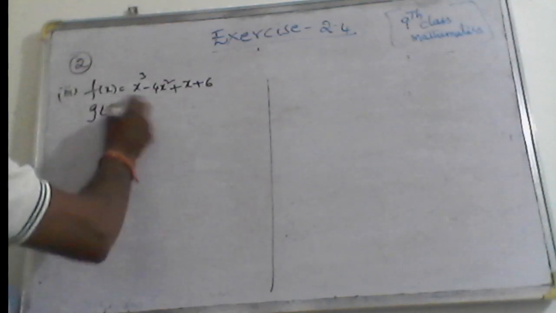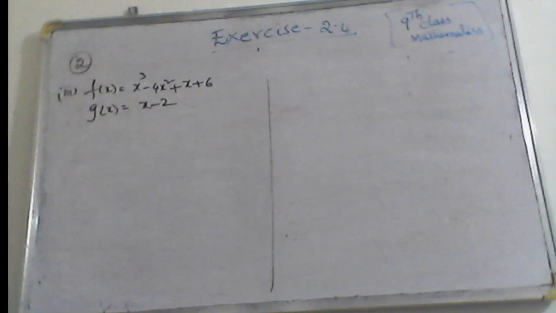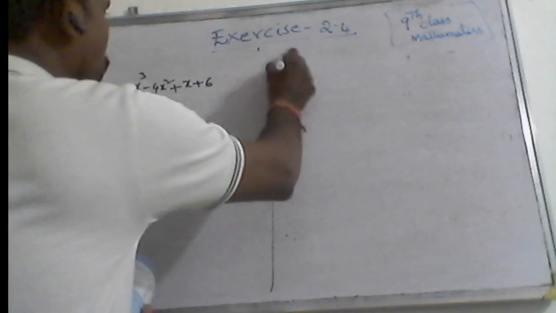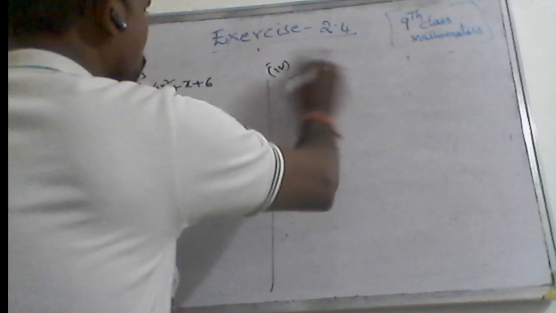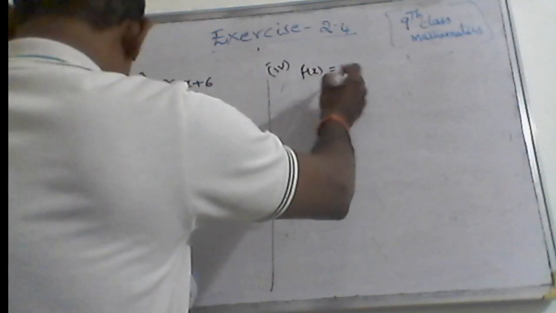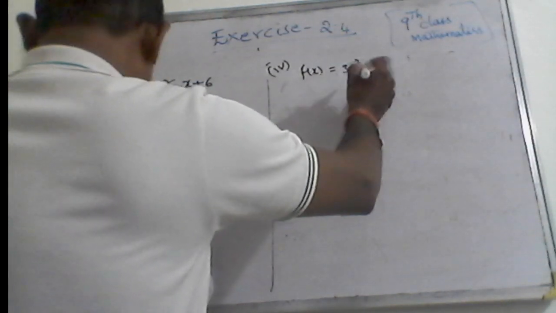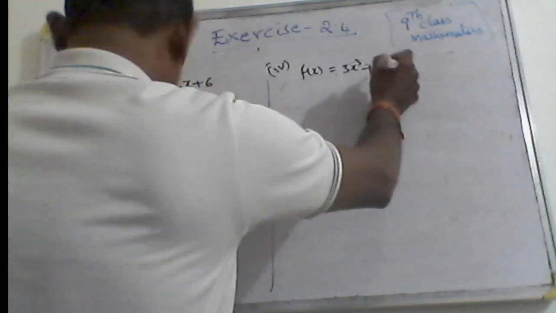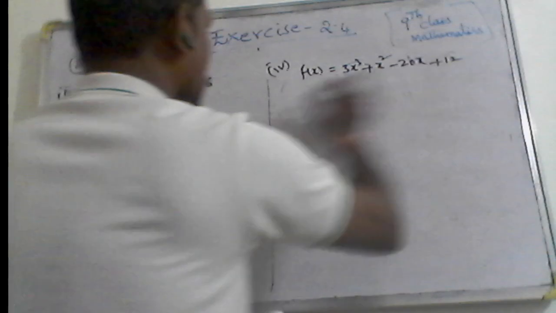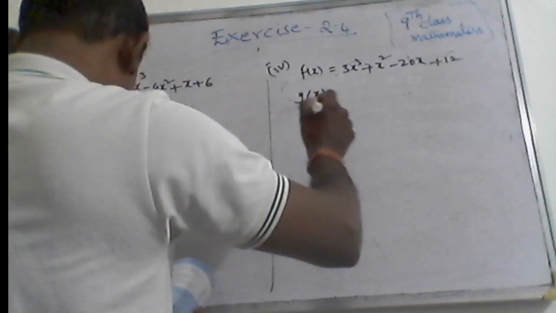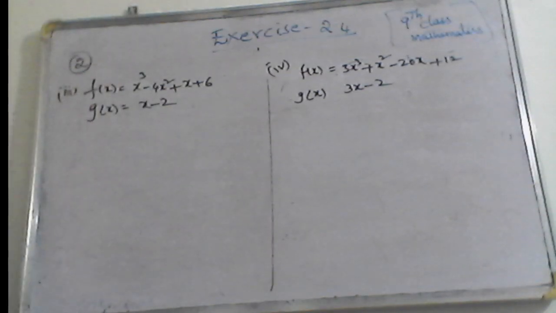Next, g of x equal to x minus 2. Next one, fourth one, f of x equal to 3x cube plus x square minus 20x plus 12. Next, g of x equal to 3x minus 2.